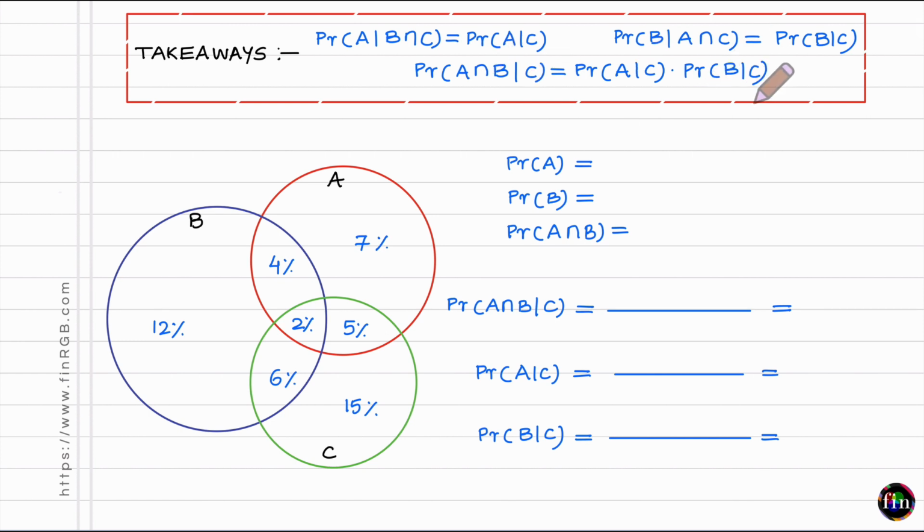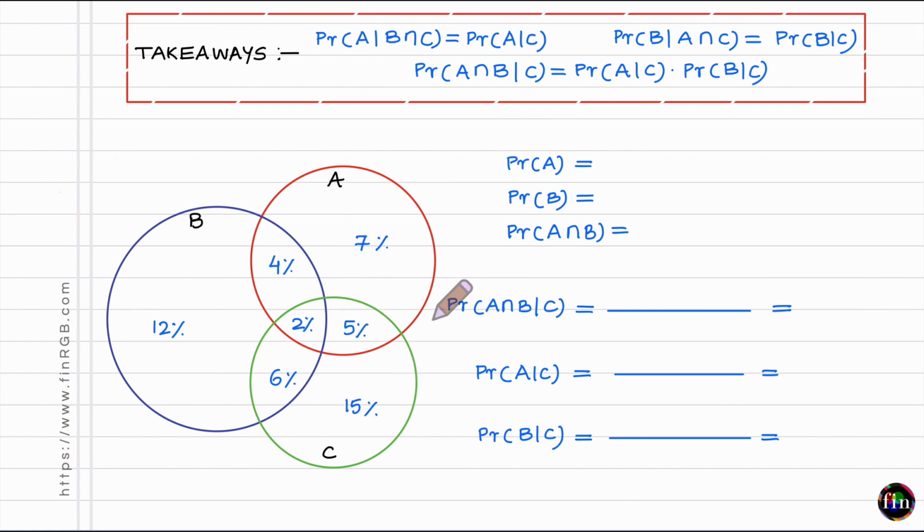Before we stop, let us very quickly apply what we've just learned to a simple solved example. We have our events A and B and we are conditioning upon event C. We've drawn out a Venn diagram and we have very clearly also written down the various probabilities. For example, this is the probability of A and B and C. This 2% plus 5% is the probability of A and C, and so on.